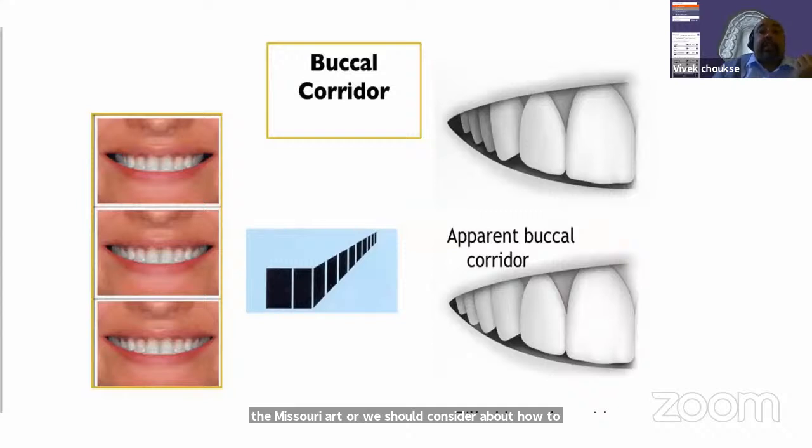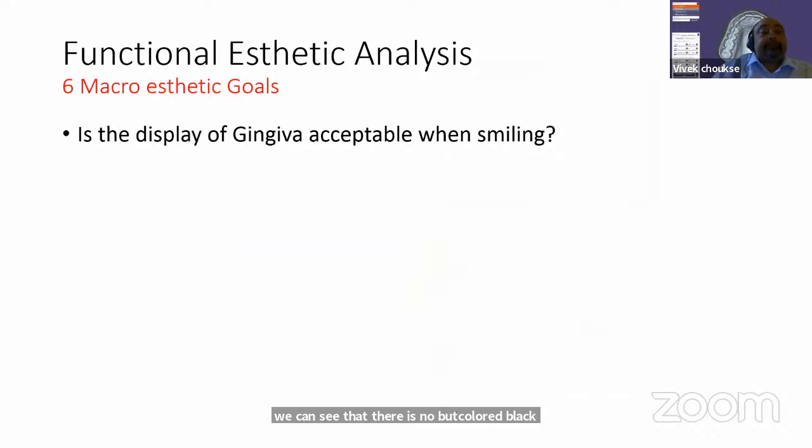As you can see in the first picture, we can appreciate the very large buccal corridor. When we go for expansion of the maxilla, the buccal corridor reduces, and here we can see that there is no black corridor present in the smile.